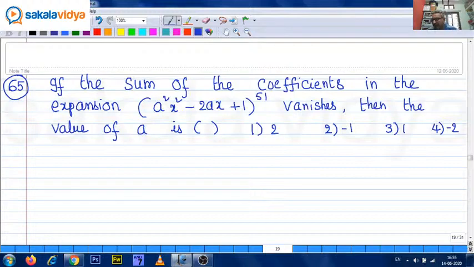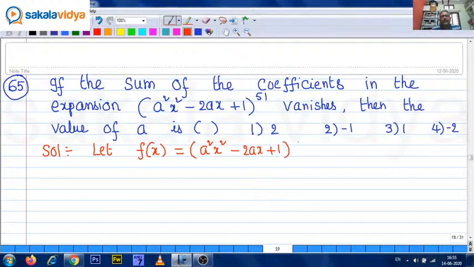Then we get the value of a. Okay, let us implement it. Let us say f of x equals a square x square minus 2ax plus 1 whole to the power of 51.